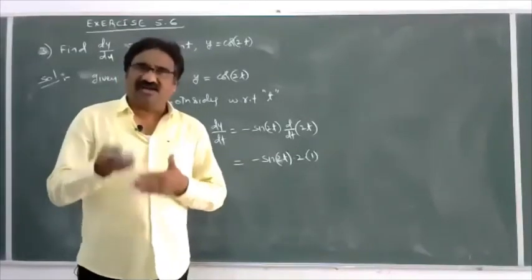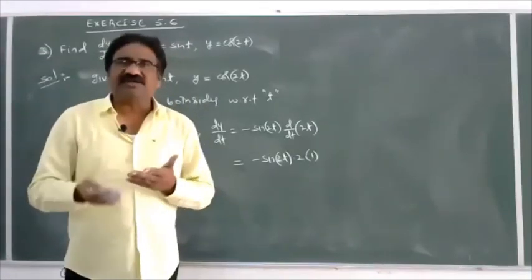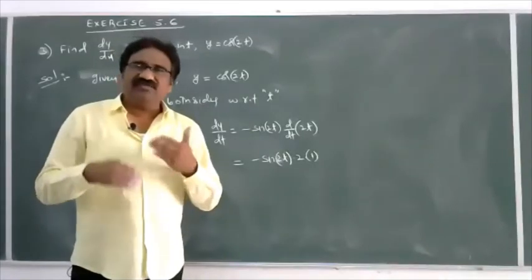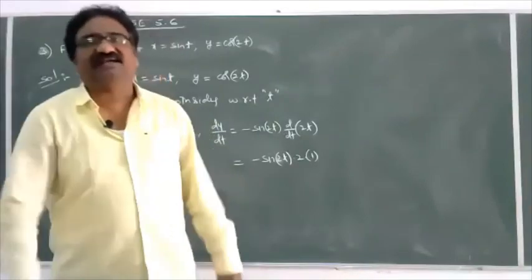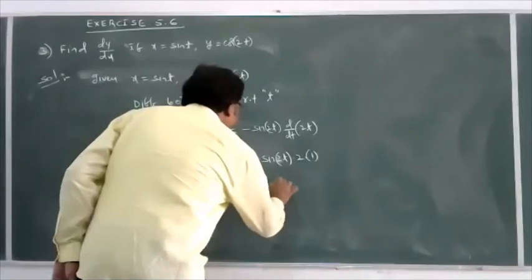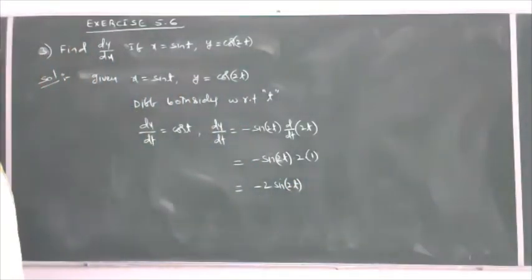For example, we learn the formulas in the variable x; we are doing with respect to t using the same formulas in terms of t, and with respect to theta using the same formulas in terms of theta. So this is equal to minus 2 sin 2t.